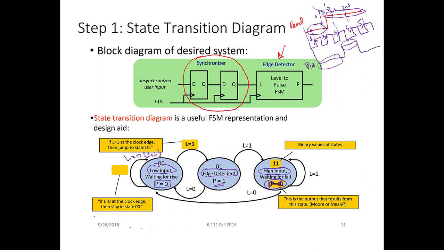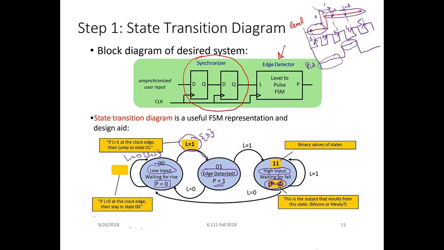We only go out of this state to the next state when we check that our input has become 1. And this is the third cycle. If you check on the third cycle, you see that the input has become 1, so you move from this state to the edge state.